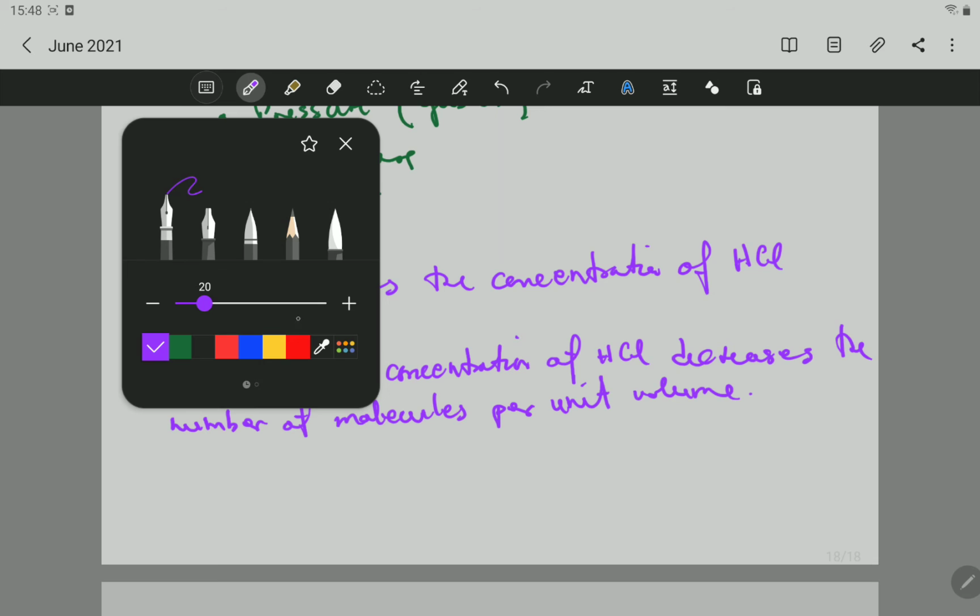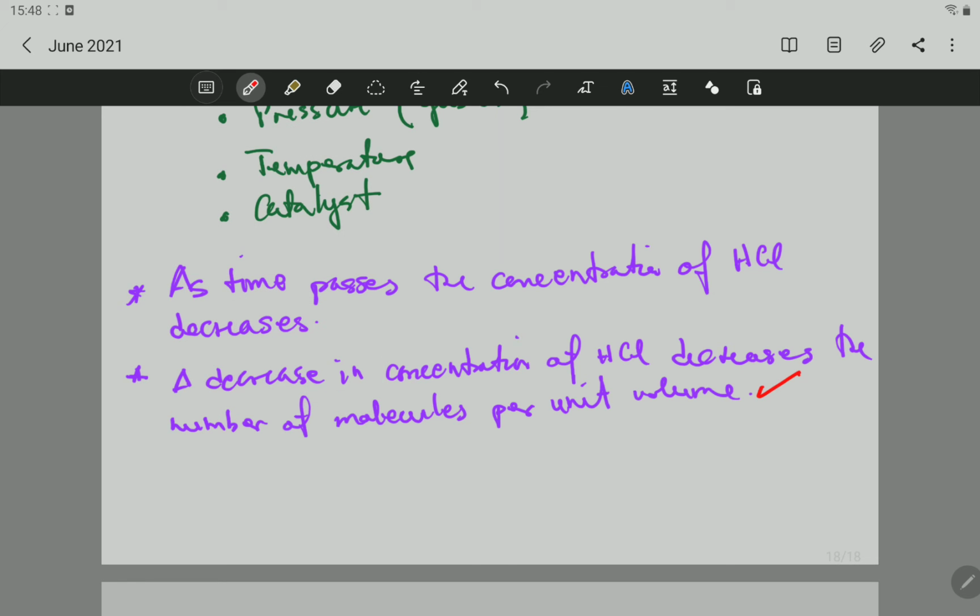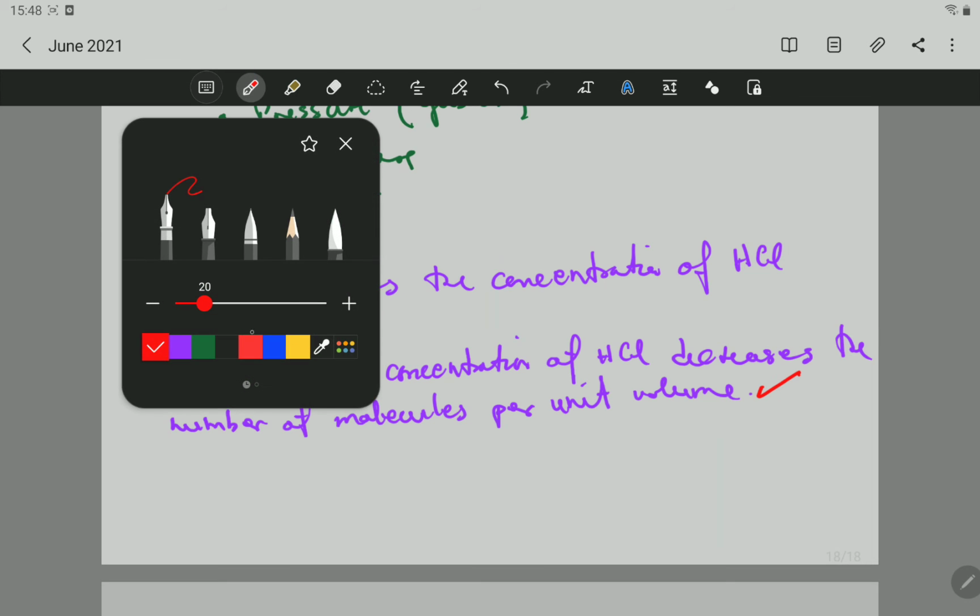And here you will get the first mark. You will get 1 mark for saying that. What happened? The concentration decreases, and therefore there will be fewer molecules per unit volume.